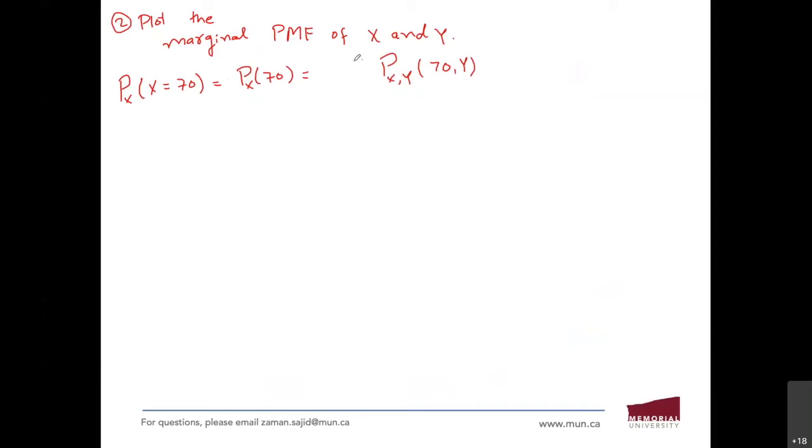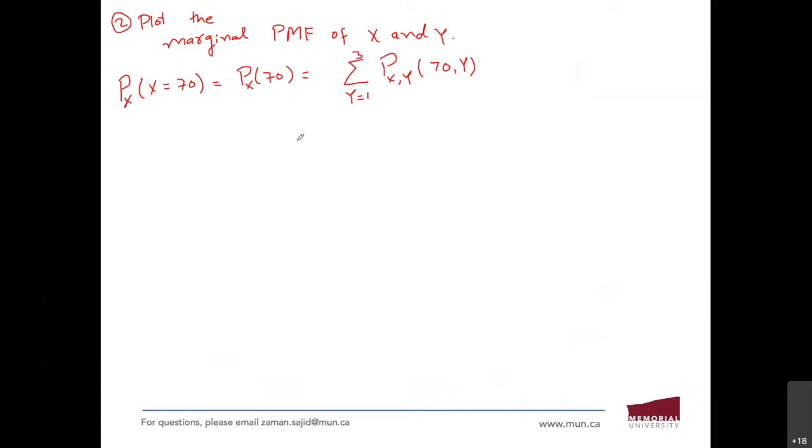Now this should be a sum, because we are talking about x here, the marginal probability of x, we need to sum up the values of y. Now you know that your y goes from 1 to 3.